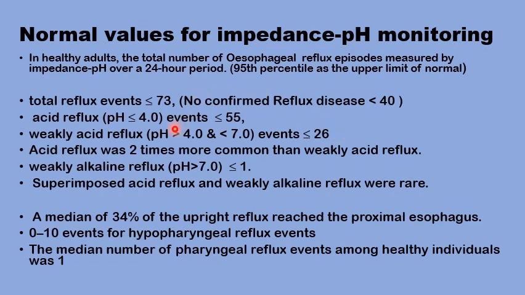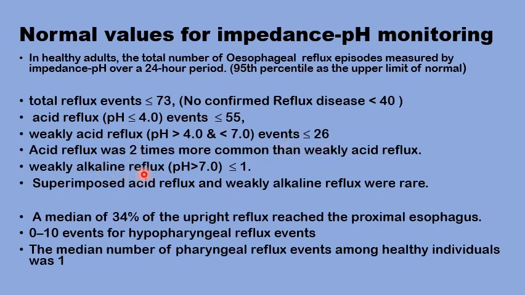The ratio between the acid and the weakly acidic reflux would be about 2 to 1. It would be twice as much in the acid reflux than in the weakly acidic reflux. If the patient, of course, is on proton pump inhibitors or had used proton pump inhibitors recently, the ratio may be reversed.